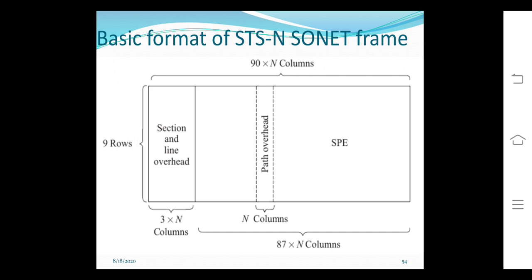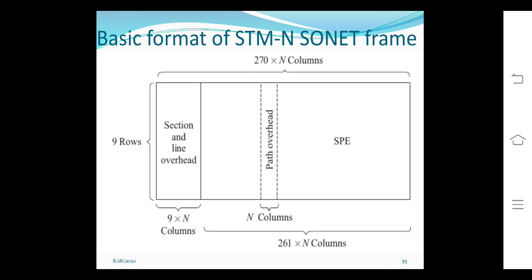The payload is the data, so the data will be present in the remaining 87 columns. Only the 3 columns are overhead, which carries information such as which source is sending it, the source address and destination address. All these overheads are added to the initial part of the frame, and following these overheads, your payload, that is the data, will be present.